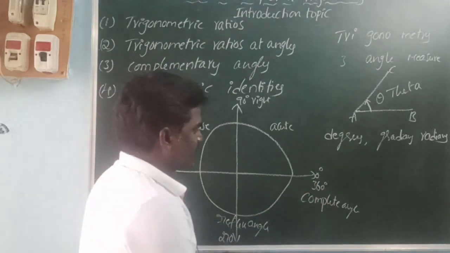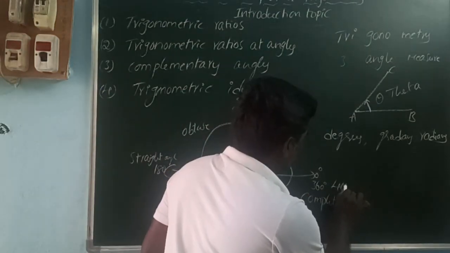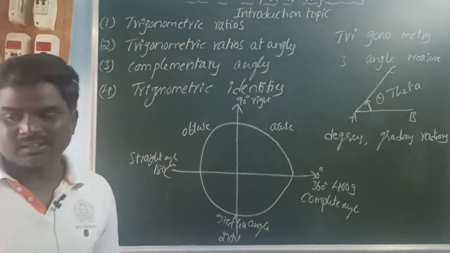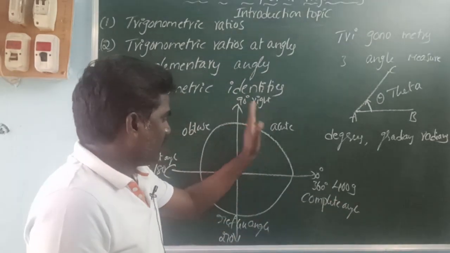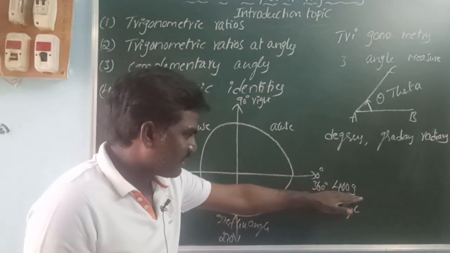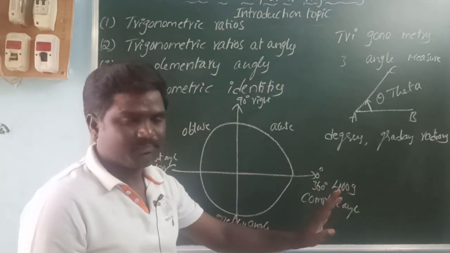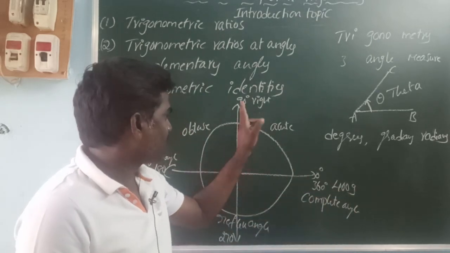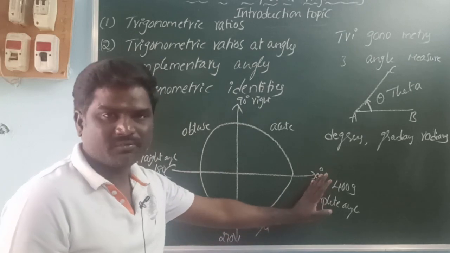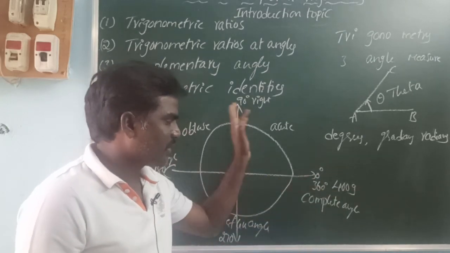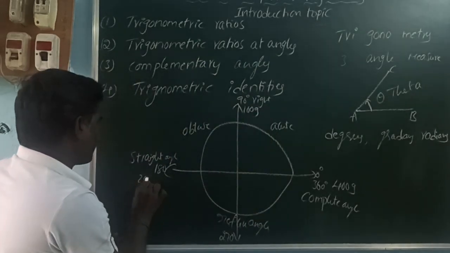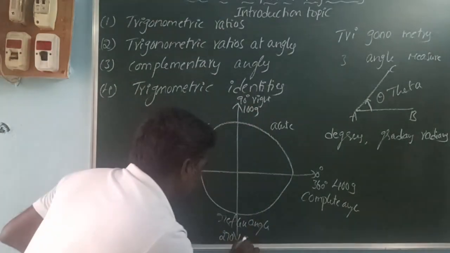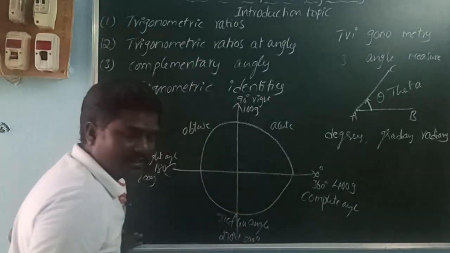In gradients, the complete angle is 400 gradients. Here the 400 gradients is divided into 4 parts, just as 360 degrees is divided into 4 parts: 90, 90, 90, 90. So 400 gradients is also divided into 4 parts: 100 gradients, 200 gradients, 300 gradients, 400 gradients.